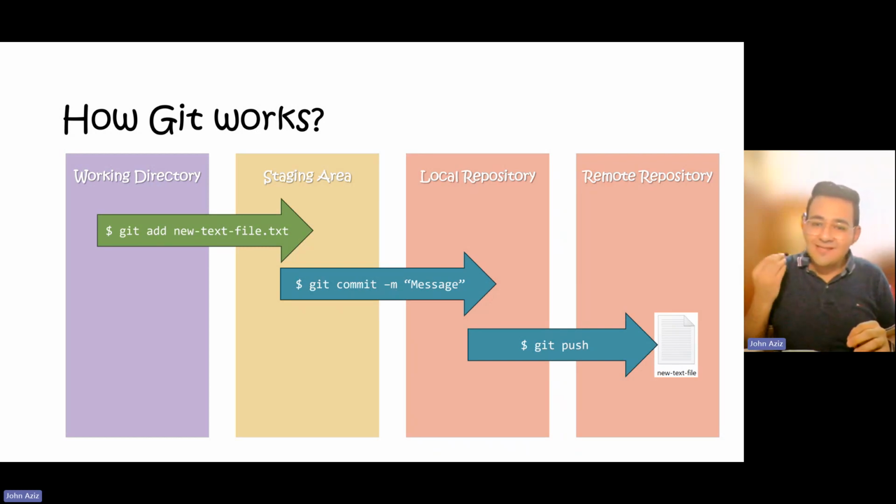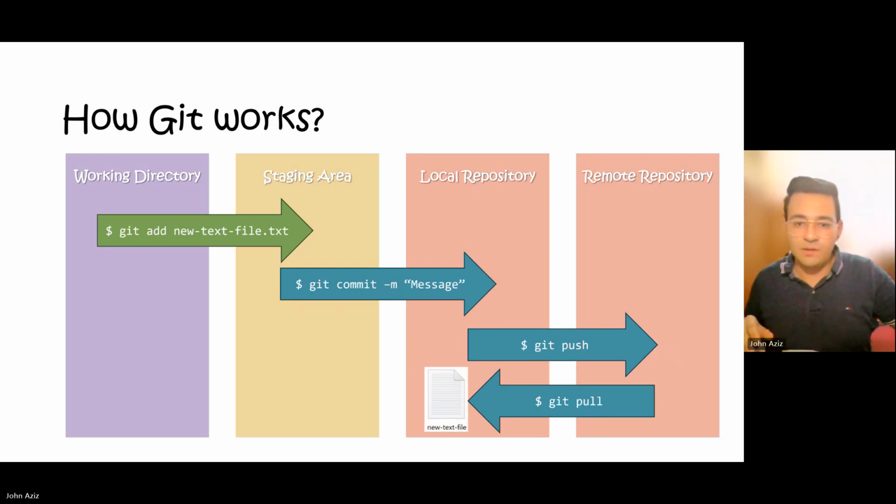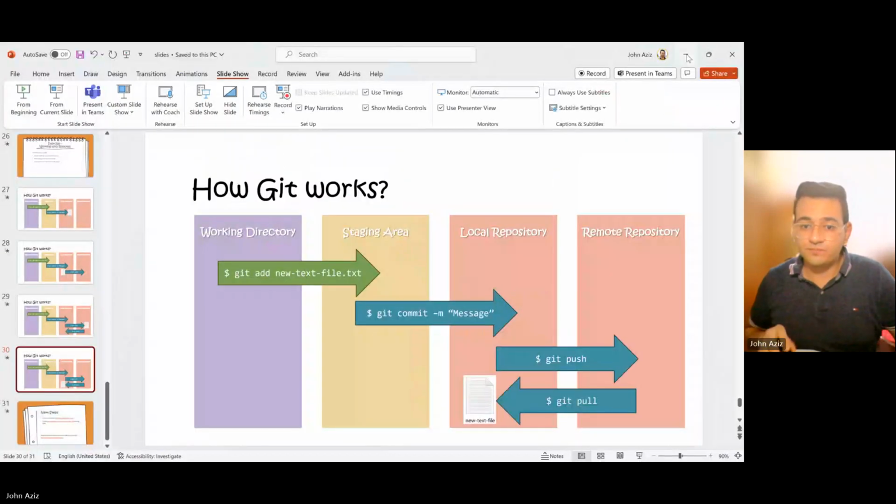I want to see the changes I have done on the remote repository. I can use another command called git pull, and git pull will take the version of the repository that is hosted on GitHub and download it to your local repository. So let's see this in action together.